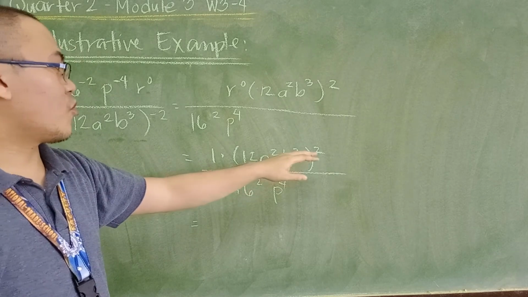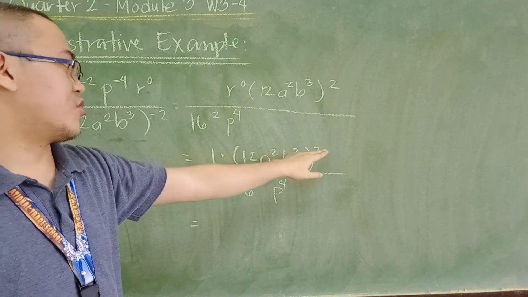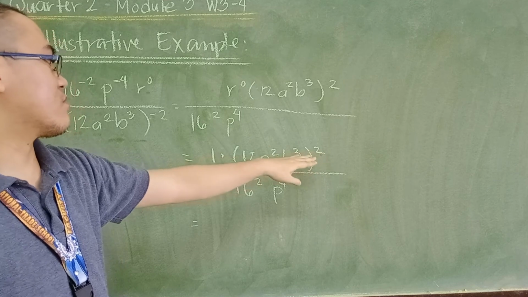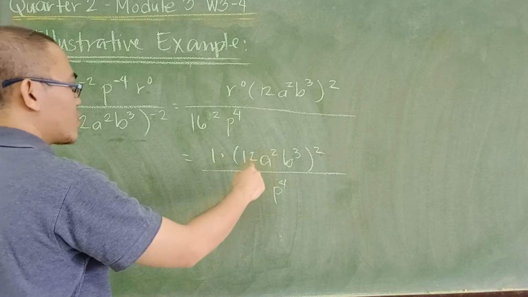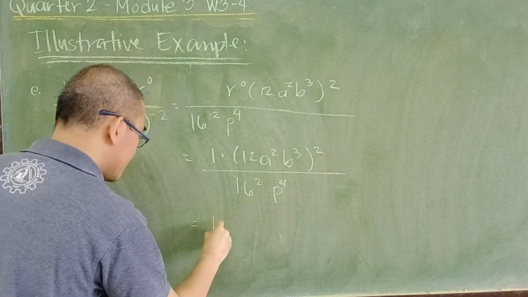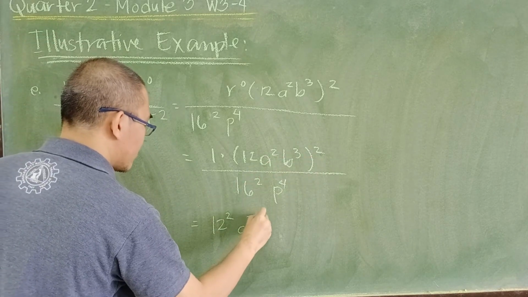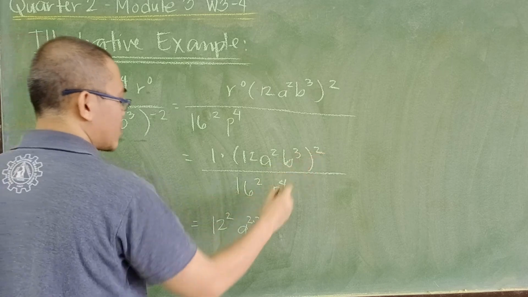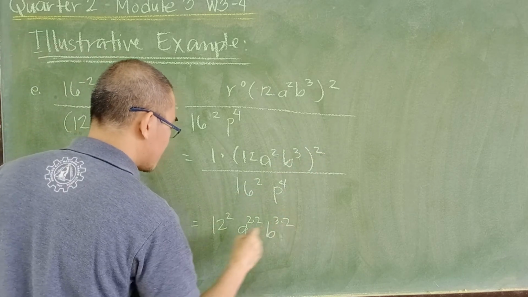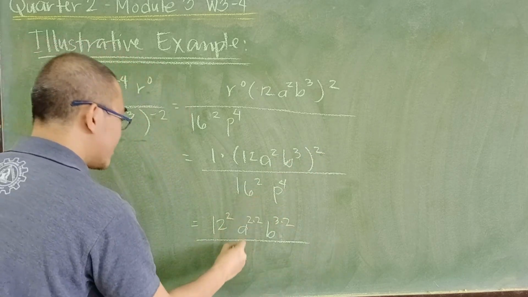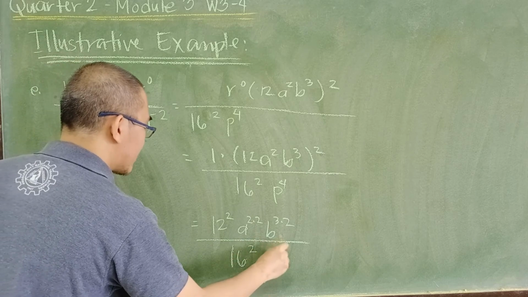Next, from power to power, pwede mo nang distribute yung 2 na exponent dito sa mga terms na nasa loob. So yung 12 raised to 2, A raised to 2 times 2, B raised to 3 times 2. And then sa ilalim is 16 raised to 2, P raised to 4.